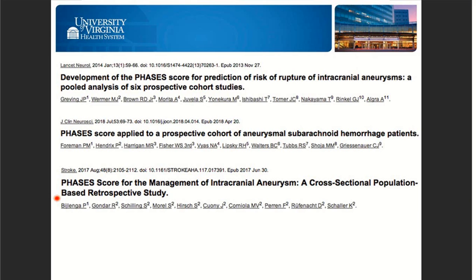The other thing with the PHASES score, they looked at the natural history data to determine their rupture risk. And as we've seen, and there have been extensive editorials about this, when you're taking flawed data to determine your rupture risk, how valid is that ultimate scale if your prospective cohort studies suffer from significant selection bias.